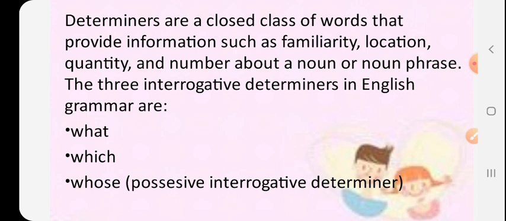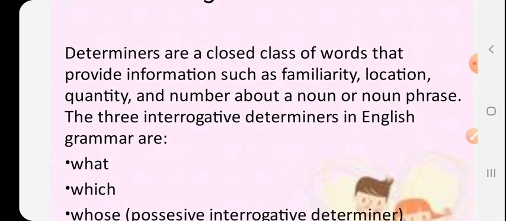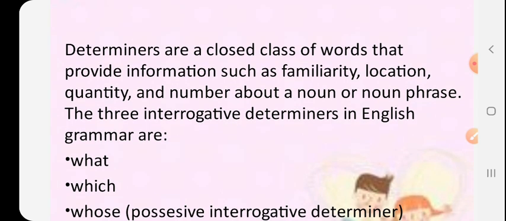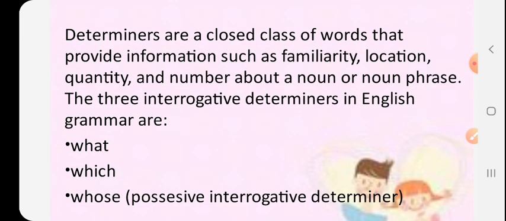They are the three interrogative determiners, and they can give us the information about what the determiner is in a sentence if we use them as a question.